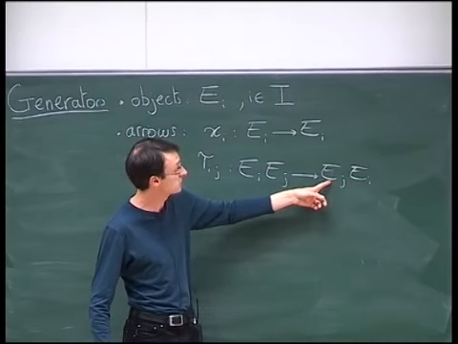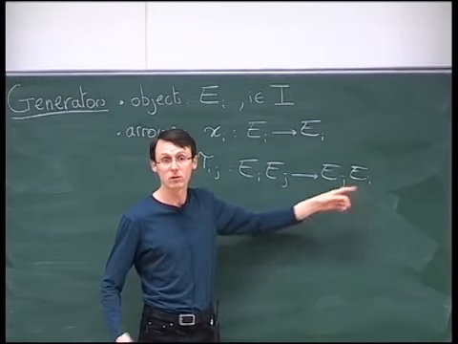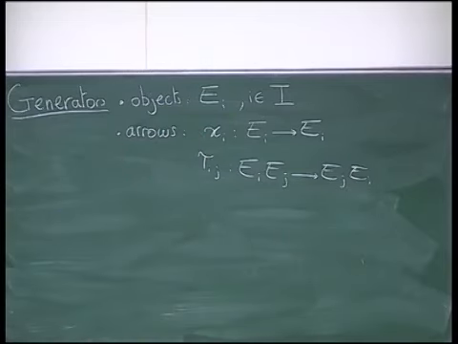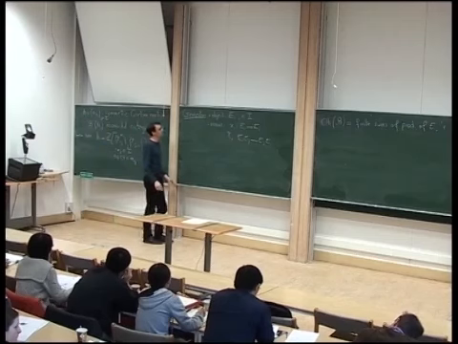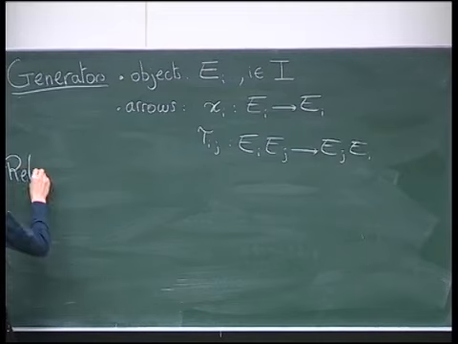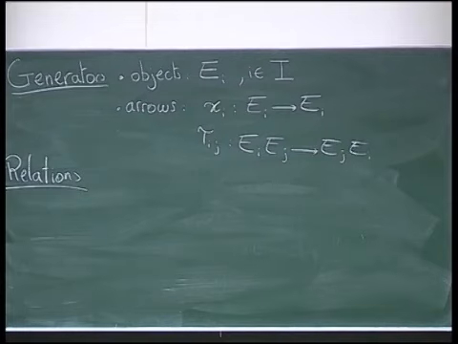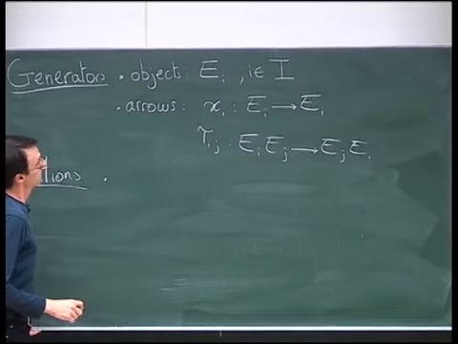You can apply x_j on the first factor, x_i on the second factor. You can multiply all these things together, and so you get a very, very big category. So there are way too many arrows, and so we're going to put relations. Again, the relations involve only arrows, and they don't involve objects.